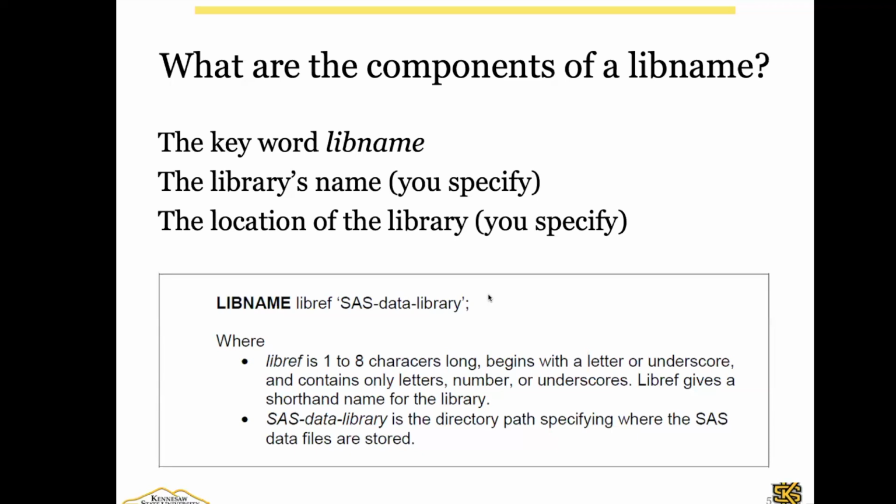Regarding the components of the libname statement, as we also discussed before, it starts with the keyword libname, then the library name, whatever we want, like class, and then the location of the library that we specify. For example, we create a specific folder on our desktop and then address that folder.